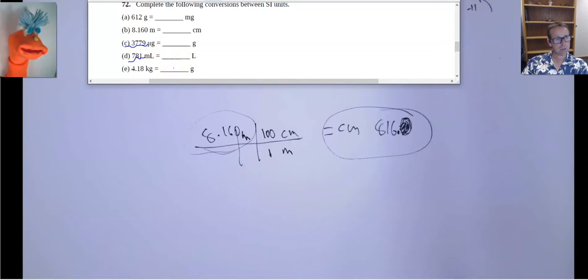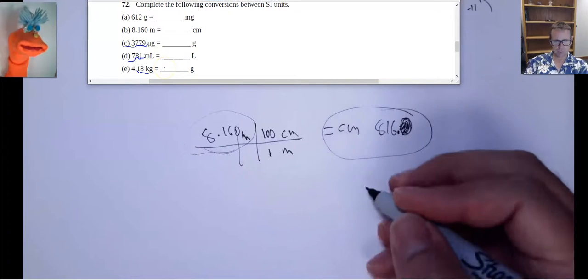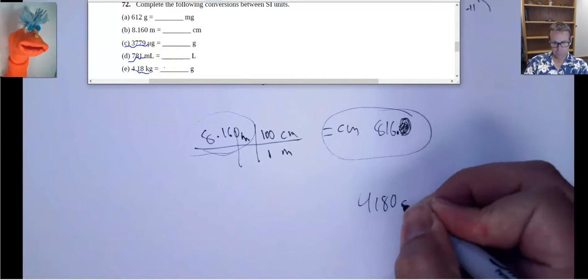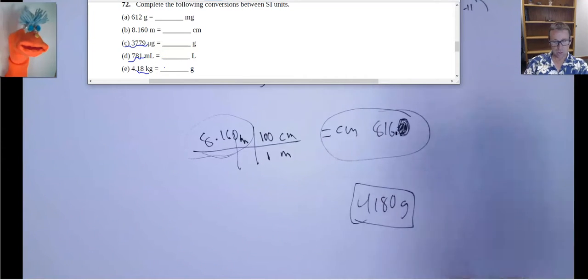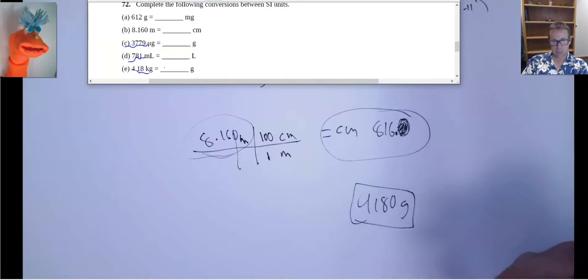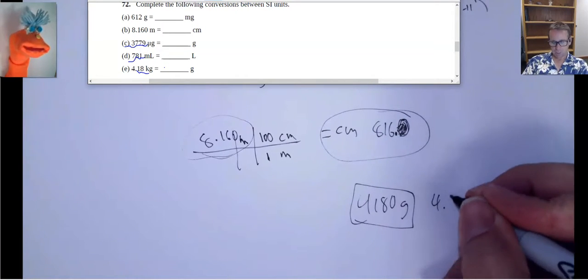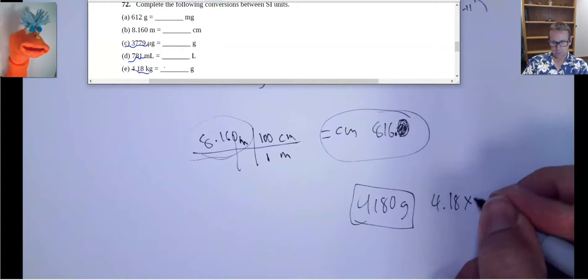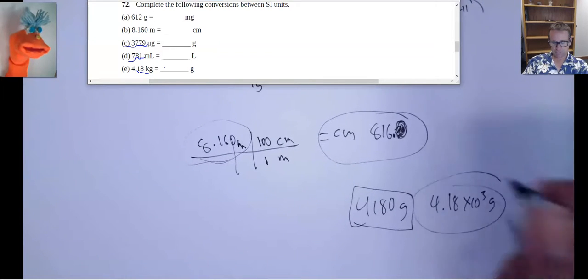Then we multiply by 1,000. That's right. Kilograms is larger than grams. So I have 1, 2, 3: 4,180 grams. This answer has 3 significant figures in it. That 0 is just a placeholder. I don't have a decimal point. I can clarify by going 4.18 times 10 to the 3rd grams.